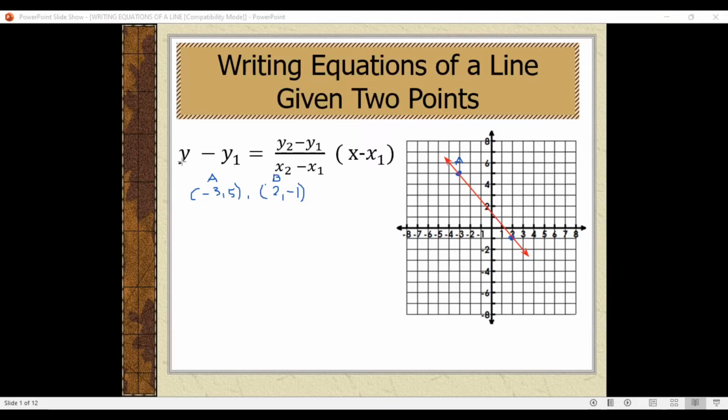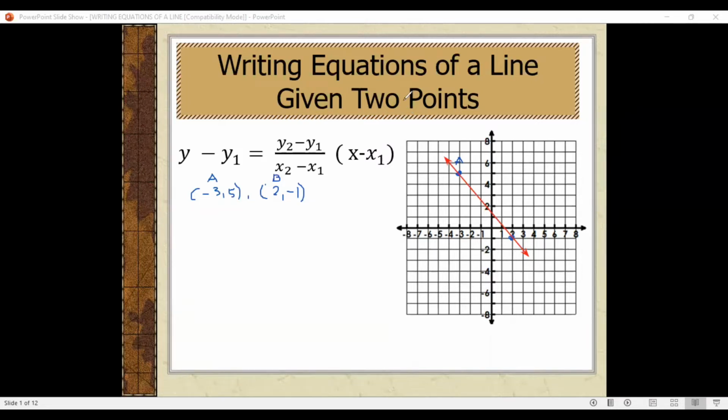So we can see the formula here, which is y minus y sub 1 is equal to y sub 2 minus y sub 1 all over x sub 2 minus x sub 1, quantity x minus x sub 1. Remember, y sub 2 minus y sub 1 all over x sub 2 minus x sub 1 is actually the slope of the line, so the change in y all over the change in x.